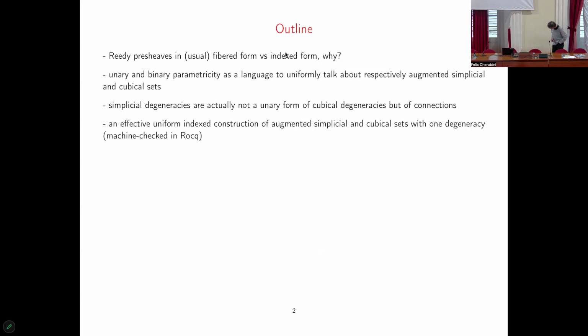So maybe using the scale of Ambrouche at the beginning of the afternoon, between syntactic and semantic, I consider it more as a syntactic approach.